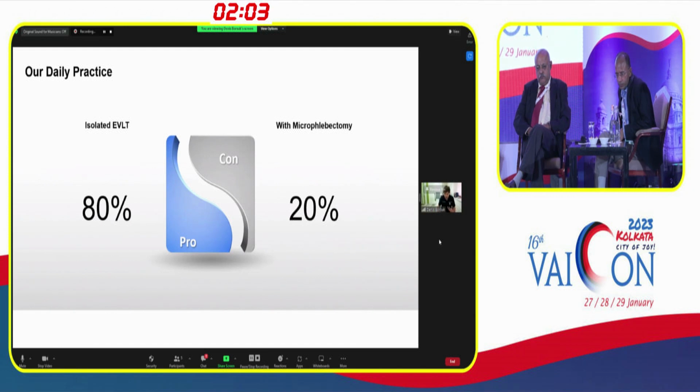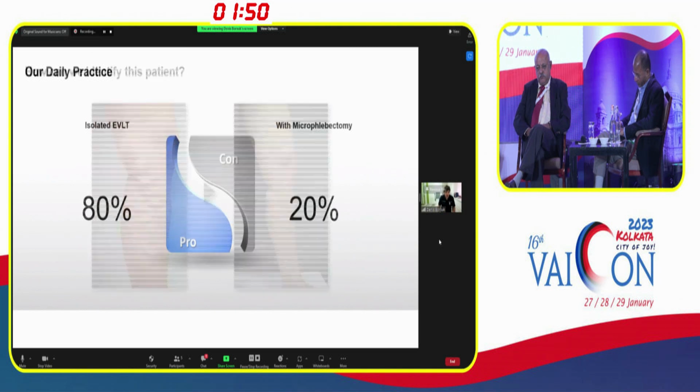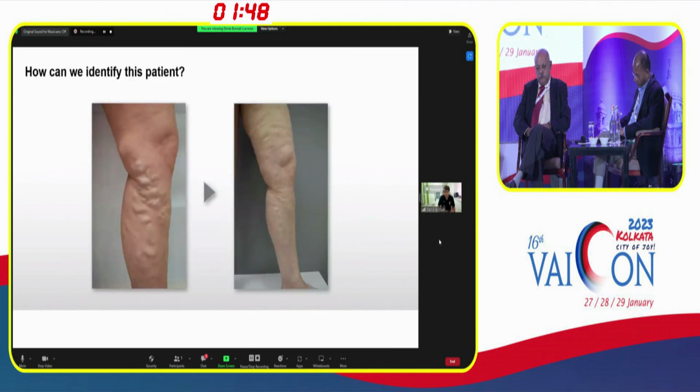The other problem is that we have subjectivism when we choose tactics, simultaneous or two-step approach. But I suppose all of you will agree with me that if you knew before the treatment this result, you would choose the isolated tactic, because if you knew before the operation that you would have this result, you would use isolated EVLT.